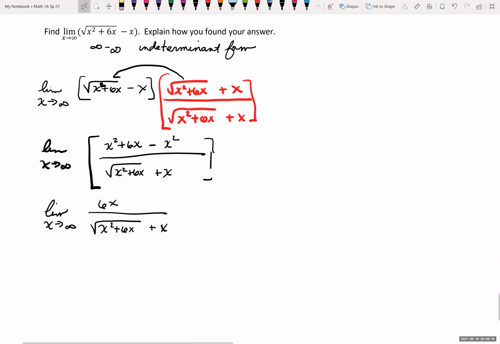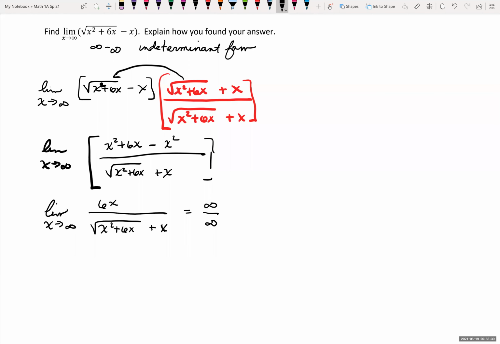If we plug in infinity in here, now we get infinity over infinity, another indeterminate form. In that form we could go ahead and use L'Hopital's if we wanted to. It just looks really messy to me because I have to use the chain rule on the bottom. Or we can think of this as dividing.